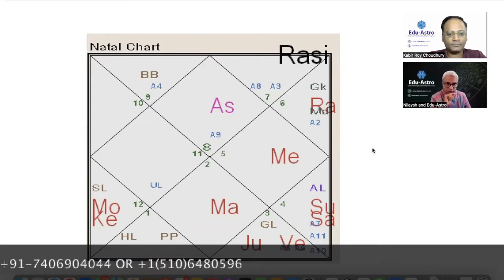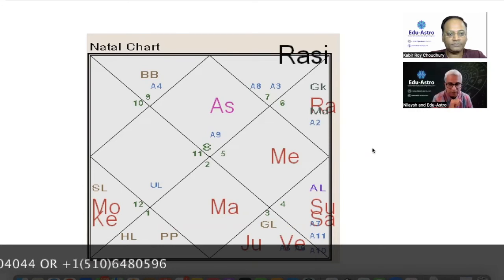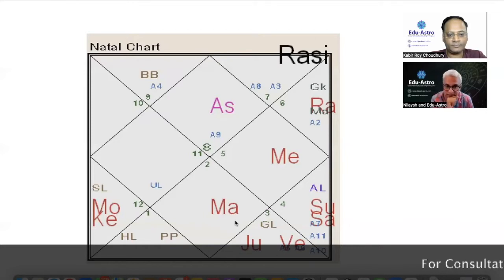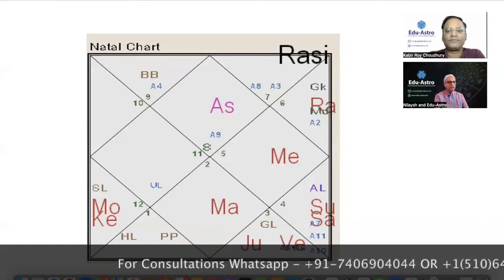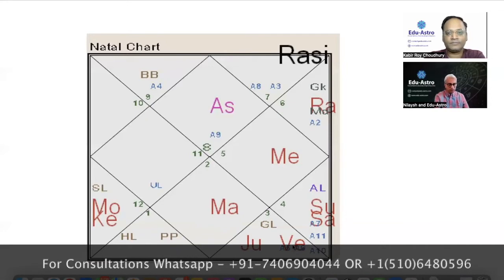Here, if you see, the seventh house is a Taurus sign. The planet in the seventh house is Mars. The seventh lord is Venus, and the significator also is Venus. Now let's see the example.